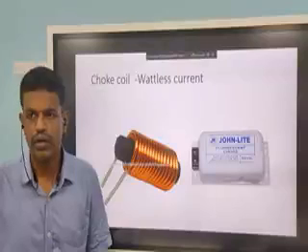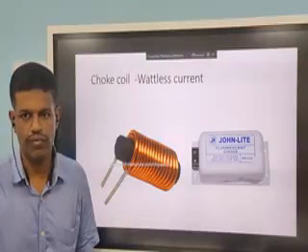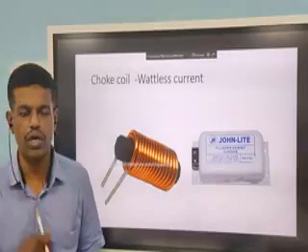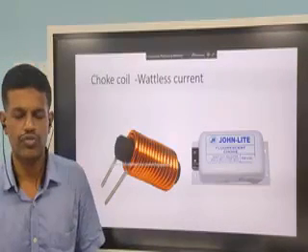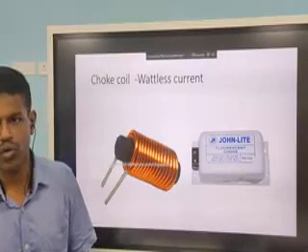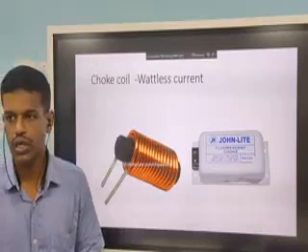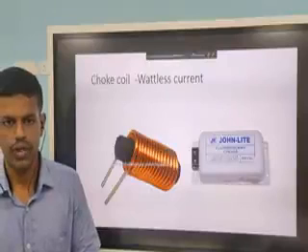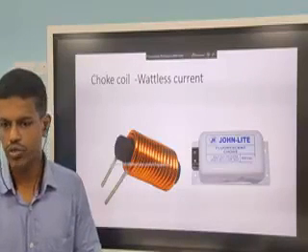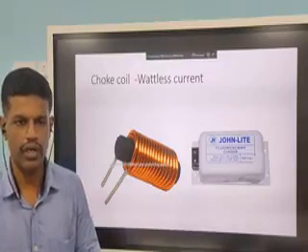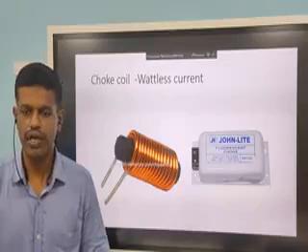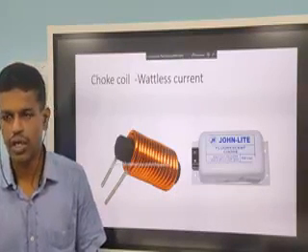Now we can make use of this phenomenon, that is, an inductor does not consume any power. Still it can control current, by the production of back EMF. So it is advantageous to control current without any power loss. If you are using resistors to control current, it will result in power loss. But if you use an inductor, we can control current without any power loss.